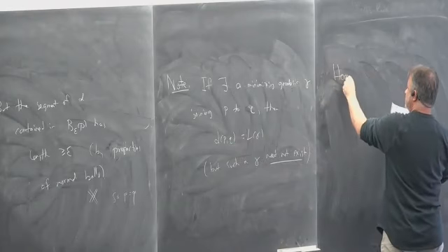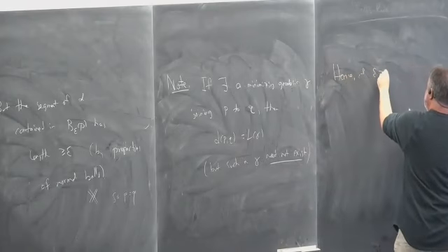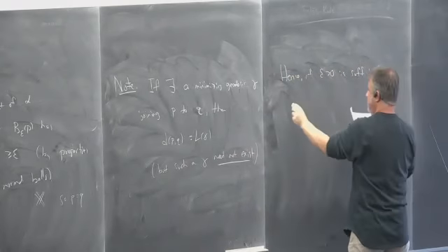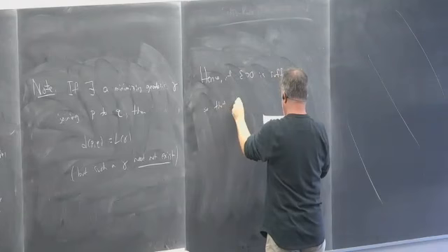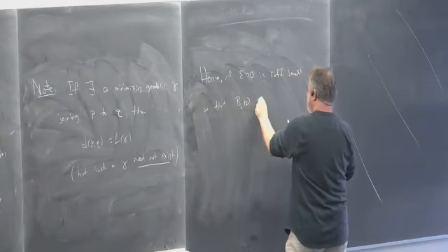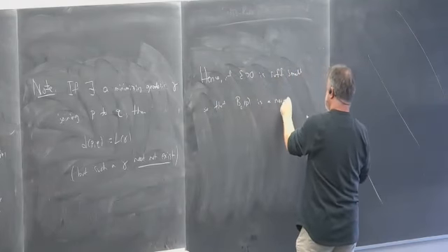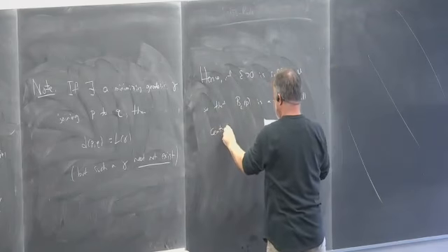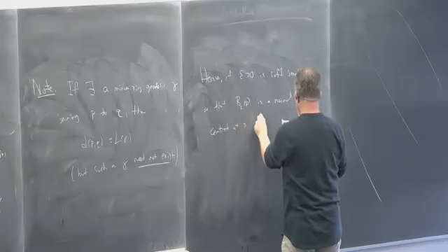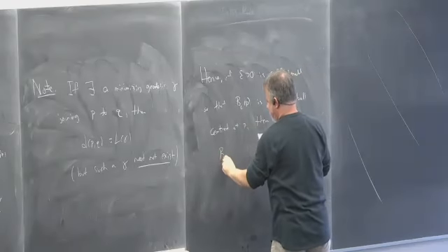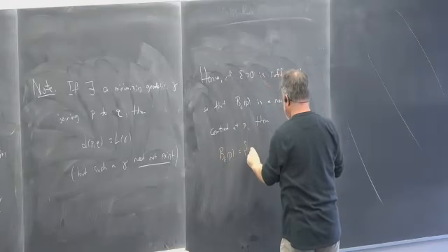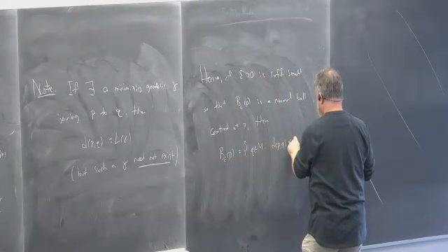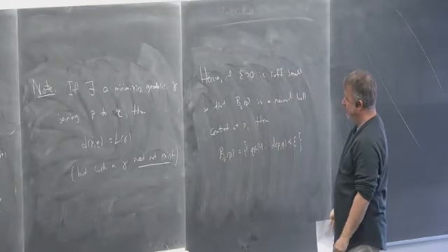Hence, if epsilon positive is sufficiently small so that B epsilon of P is a normal ball centered at P, then B epsilon of P is exactly the set of all points in M such that the distance is less than epsilon.